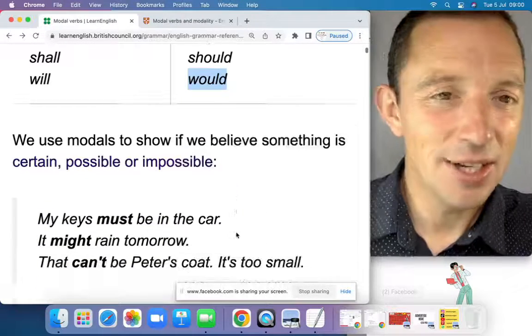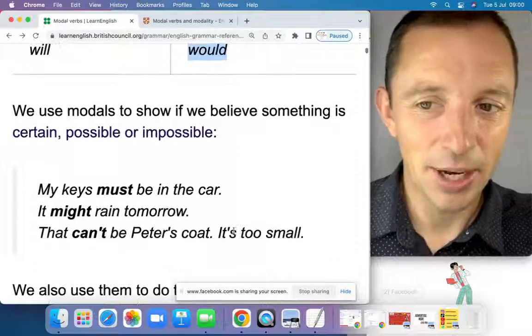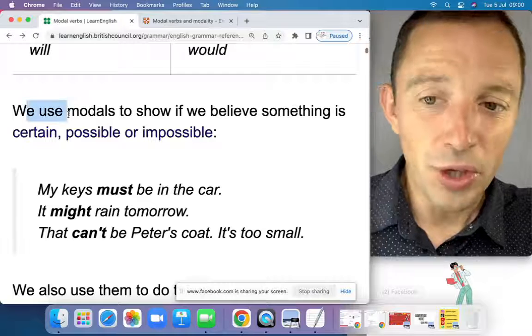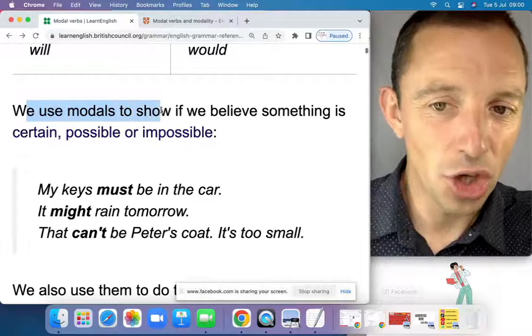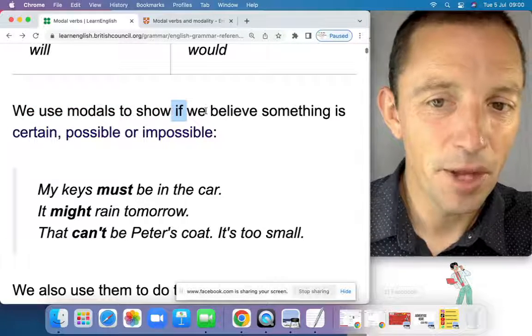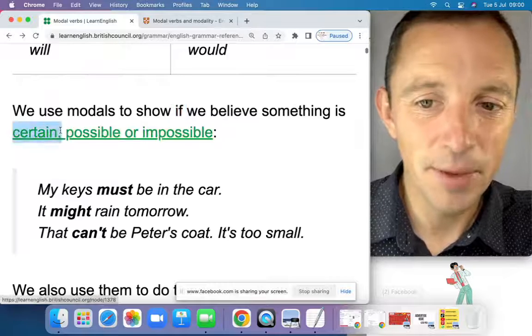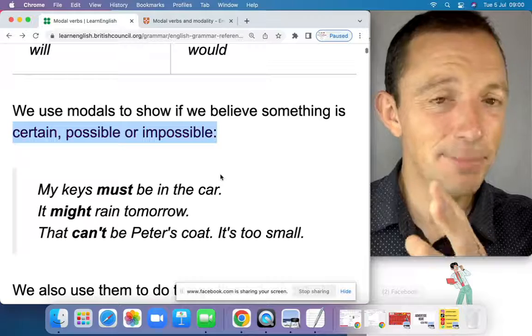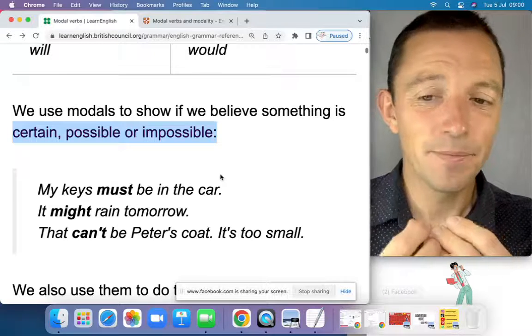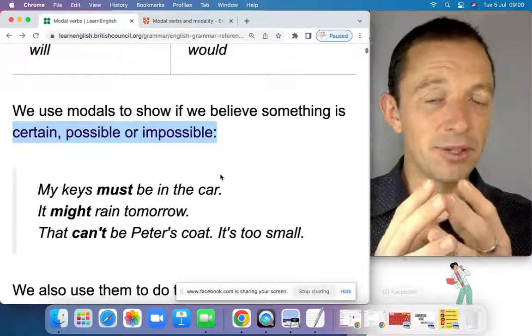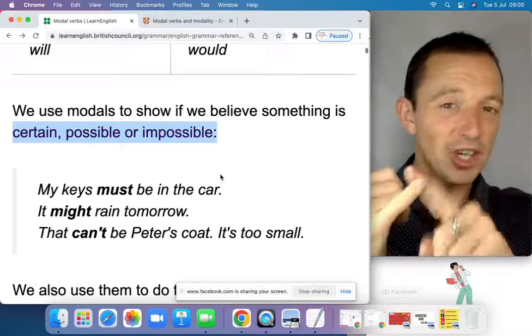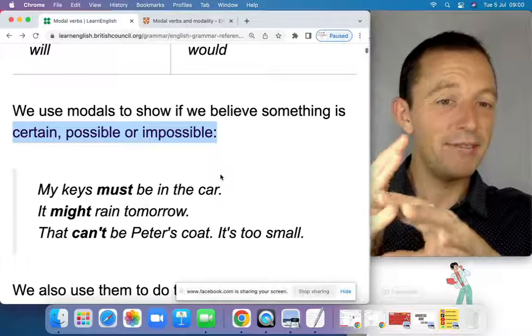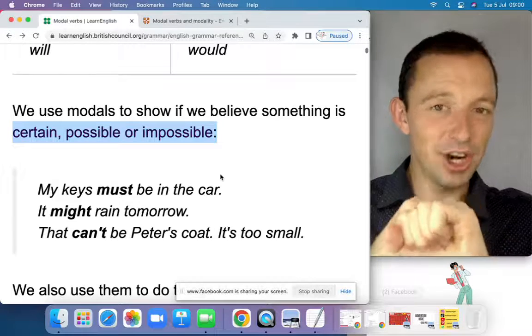Okay, let's continue to the next explanation. We use modals to show if we believe something is certain, possible, or impossible. So this is another perspective. Basically, we use modal verbs in situations for certain, if you are definite, if you are secure, if you are certain.